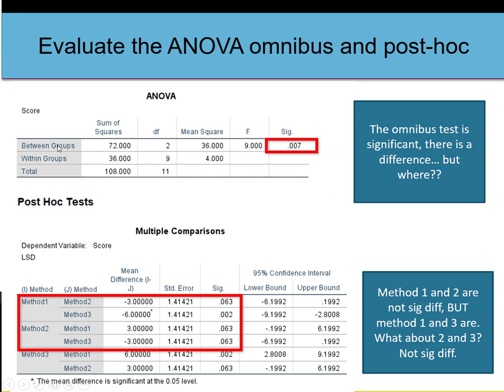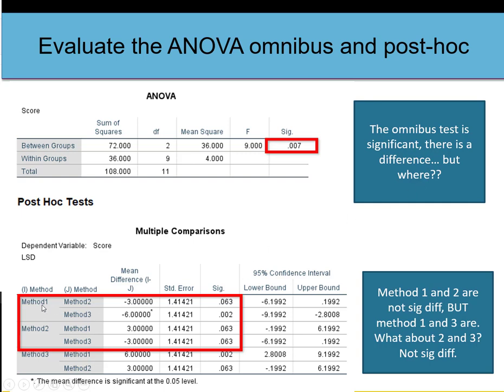Between and within, sum of squares between, here are degrees of freedom, here's the mean square. I divide 36 by 4 and I get 9, which is a pretty large F statistic. It's pretty far away from 1. Our p-value is pretty low, so the omnibus, the overall test, is significant. So there is a difference, but now we want to know where the difference is.